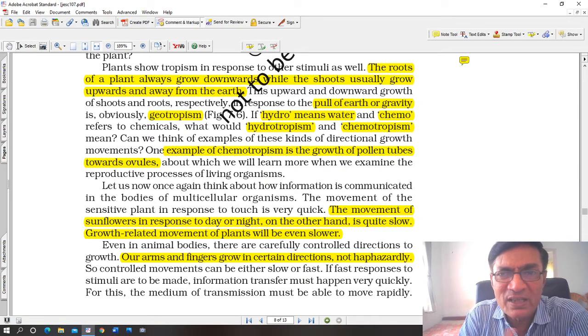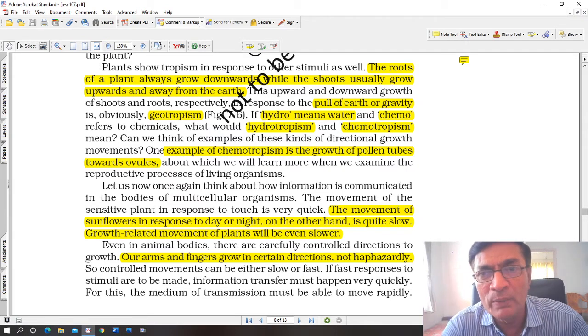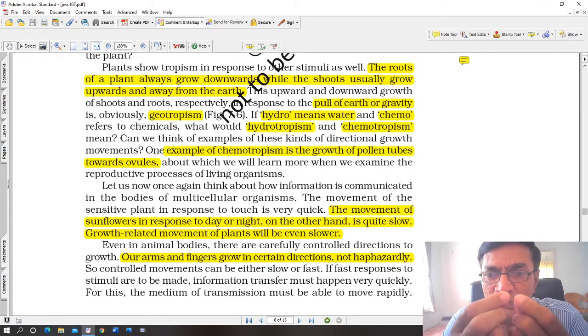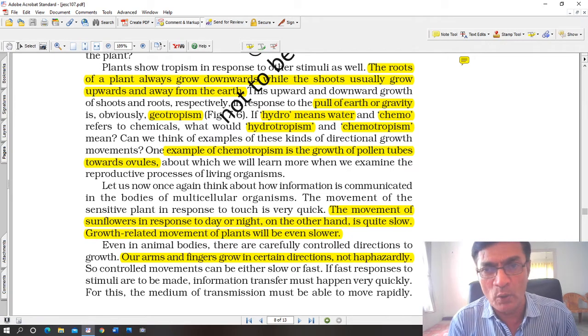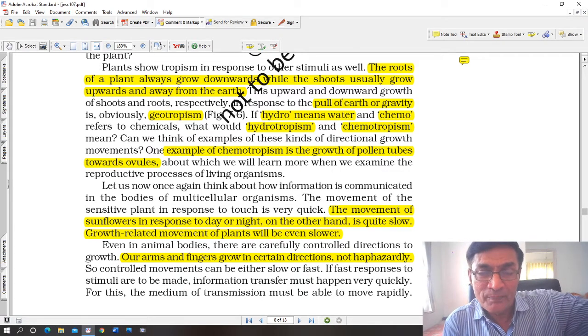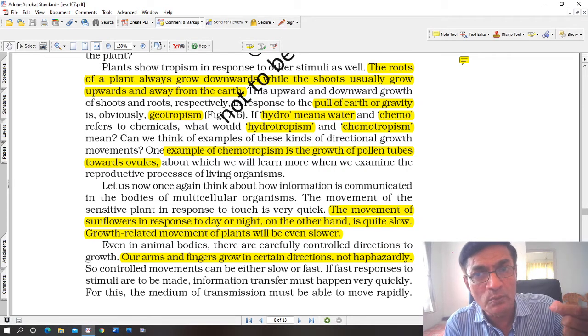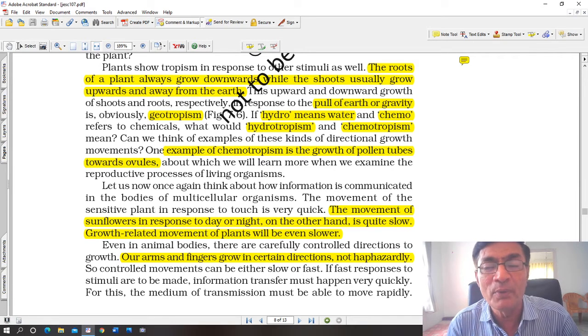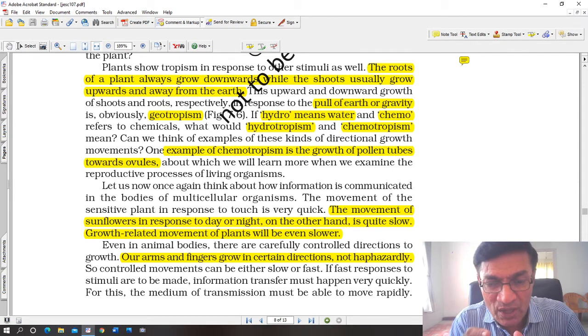Similarly, there are certain chemicals, such as salts dissolved in water, or for example, a flower. During pollination, which you studied last year in 9th class, a pollen tube develops and goes directly towards the ovules, where the egg cells are inside the ovaries. That movement of the pollen tube towards the ovules is an example of chemotropism towards those chemicals, the egg cells.